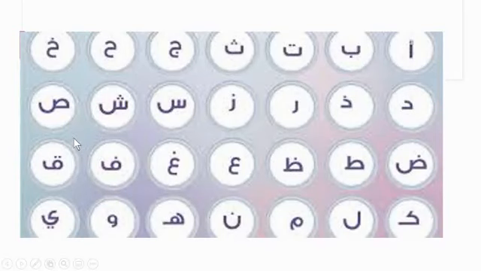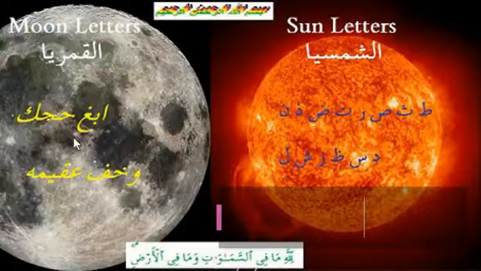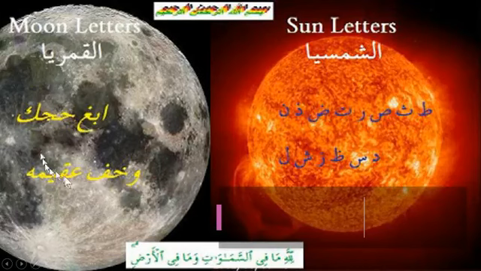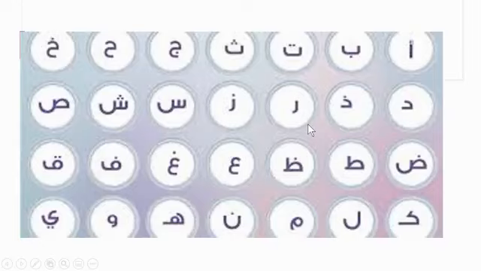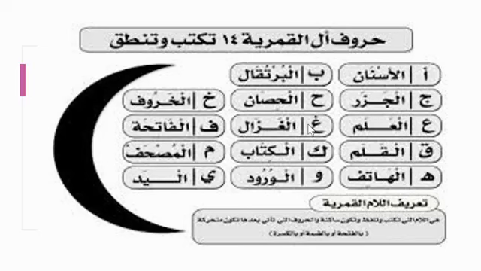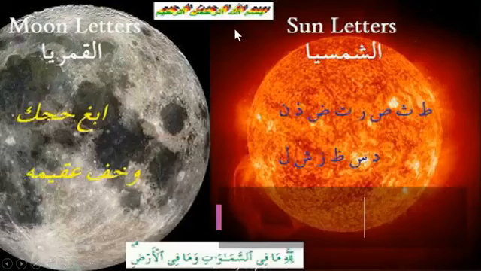Let's see what we're looking at. We've got 28 letters, and out of these 28 letters, you have 14 letters that are going to take a clear L sound, and 14 other letters that are going to take the silent L sound. So let's see which 14 letters are going to be taking those. Right here you've got alif, ba, ghayn, ha, jim, kaf, waw, kha, fa, alif, qaf, ya, mim, ha.